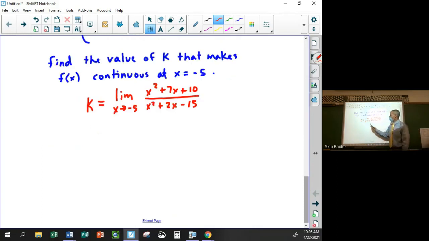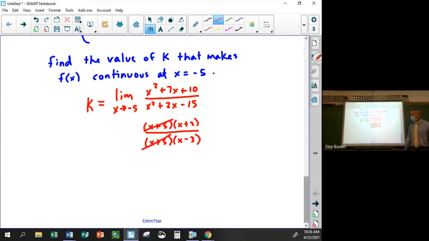So remember the process, you plug negative 5 in, it doesn't work, it gives you 0 over 0. What do you do second? Factor. This factors. This is going to be x plus 5, x plus 2 on the top, and x plus 5, x minus 3 on the bottom. So then those cancel. What do I do now?